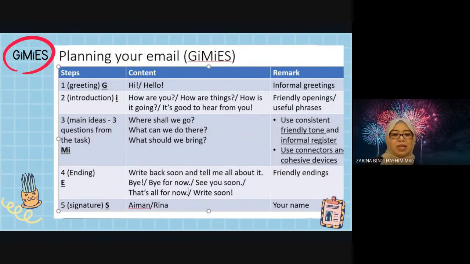Then step number 2, introduction. G just now, now I. I stands for introduction. What do you normally write for introduction? You can ask the person's condition: how are you, how are things, how is it going, or it is good to hear from you.